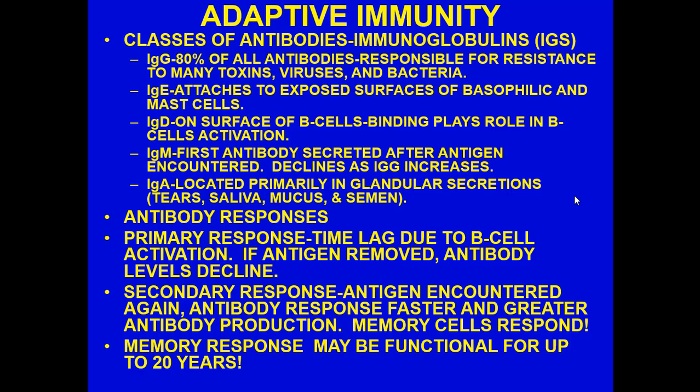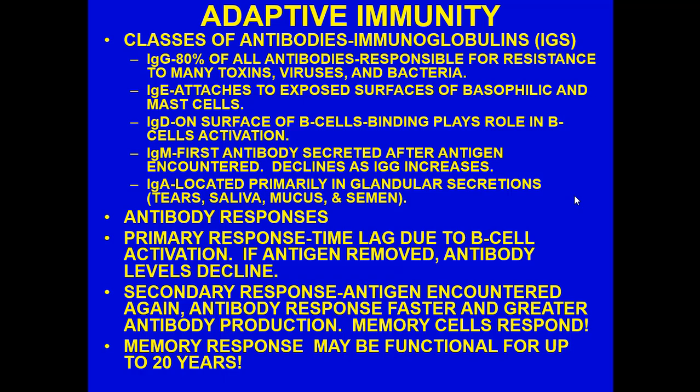There's immunoglobulin G, immunoglobulin E, D, M, A. IgGs, 80% of all antibodies are in the class IgG. They're responsible for resistance to many toxins, viruses, and bacteria. By the way, IgGs are the only antibody that passes across the maternal, fetal, placental barrier.